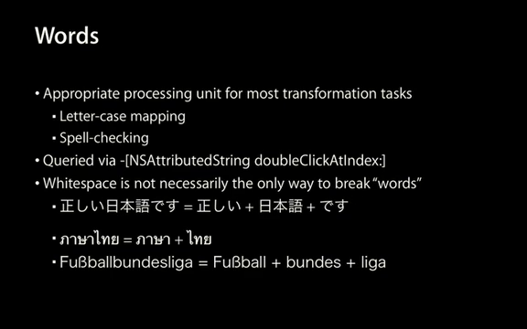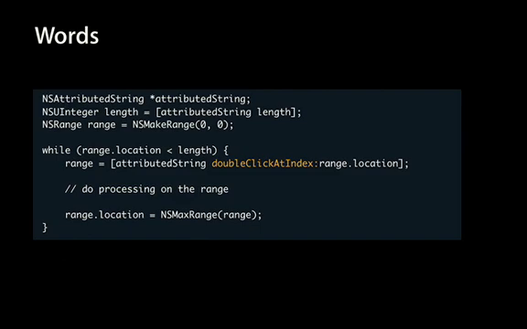But be aware, white space is not the only way to have a word boundary. For example, with Chinese and Japanese, there might not be white space at all. And the notion of a word is pretty much locale and context sensitive. Again, the same idiom: use doubleClickAtIndex and do the same range-based processing.